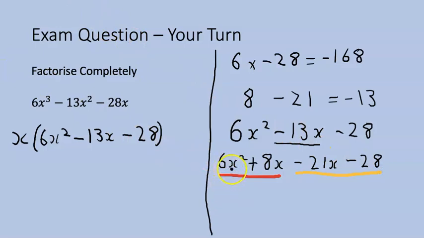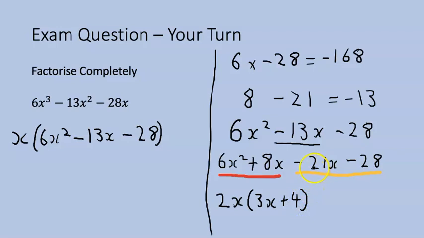Now I factorise 6x squared plus 8x. Highest common factor I've got here is the 2 and x. So I'm going to open my bracket. 6x squared divided by 2x gives me 3x. 8x divided by 2x gives me 4.